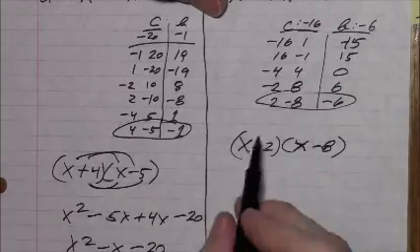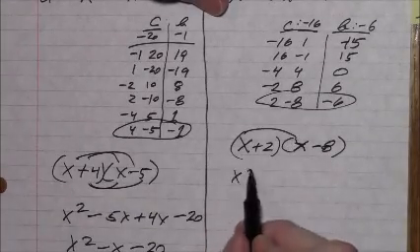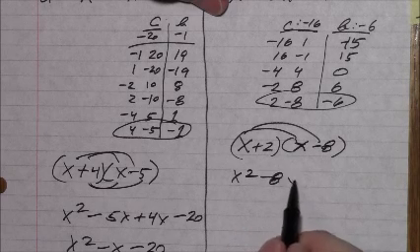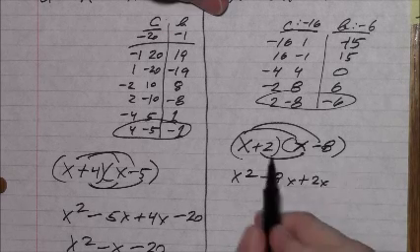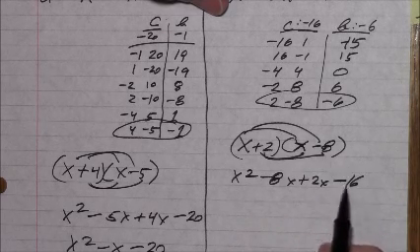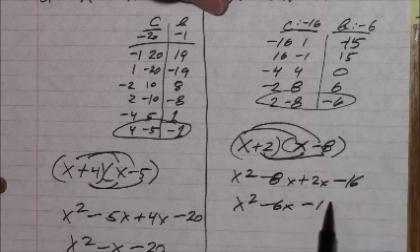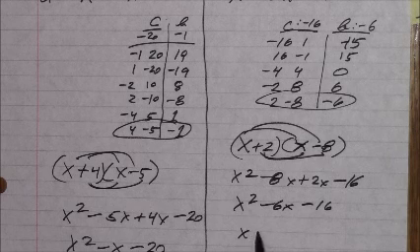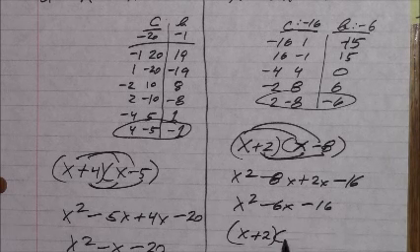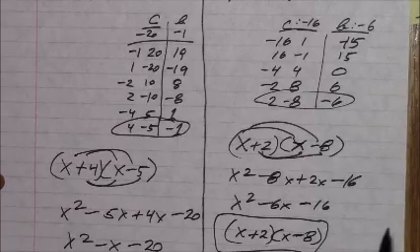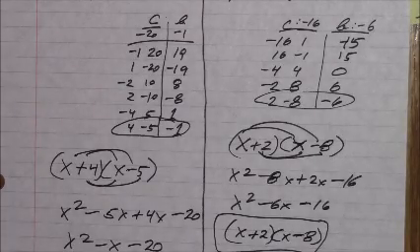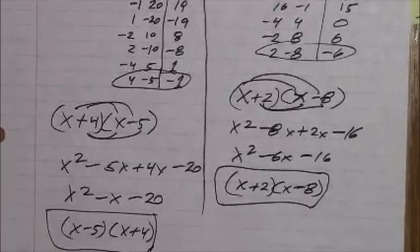Now I'm going to check it. X times x is x squared minus 8x plus 2x minus 16. X squared minus 6x minus 16 looks good. So it looks like x plus 2 and x minus 8 is the correct answer. So there is both of them.